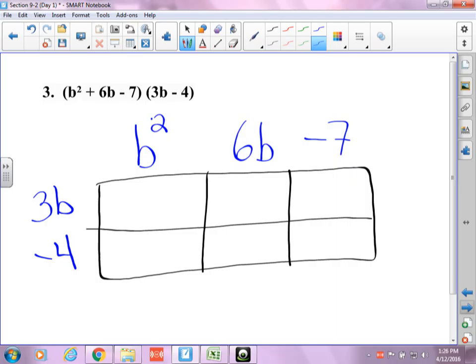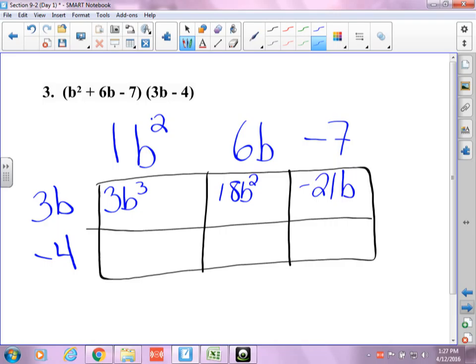Okay? So now we're going to multiply. I got a 1 up front of the b squared. So 3 times 1 is 3, and it's b to the third. 3 times 6 is 18, and it's b to the second. 3 times negative 7 is negative 21b.